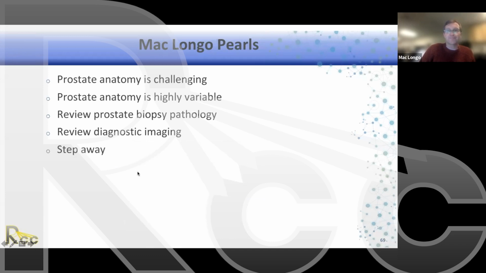Another thing that I've learned is that sometimes I have to take a step back when I'm contouring. If I have a really difficult case, if I feel challenged by the anatomy or things are not clear, sometimes just taking a pause and coming back to a case with fresh eyes is really helpful. And then I never hesitate to ask people for help.